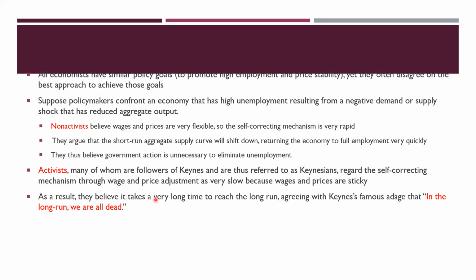They believe that it takes a very long time to reach the long run, agreeing with Keynes' famous adage that in the long run, we are all dead. So Keynes believed that let's not wait for the long run, because in the long run, everyone will be dead. So the government must do something when there is unemployment, when output is falling short of the potential level of output.